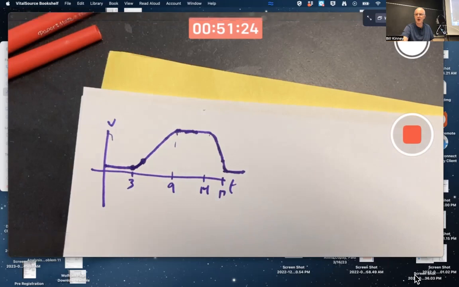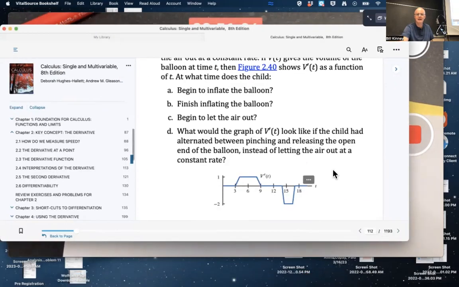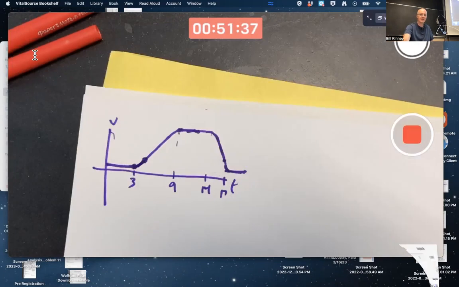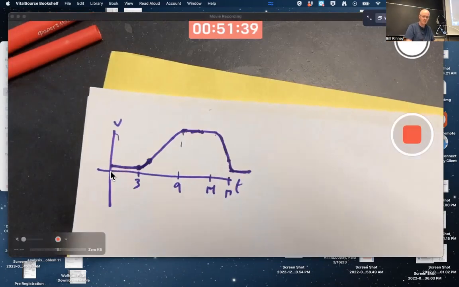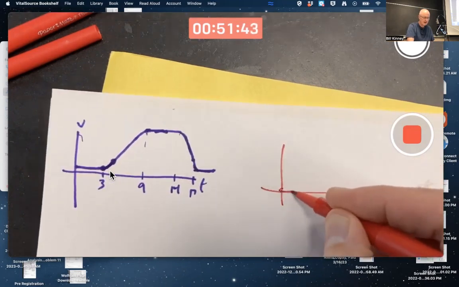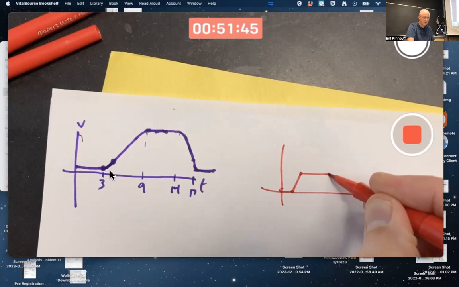You're also asked to draw a graph of V prime, again, if the child alternates between pinching and releasing after the balloon's blown up, I guess. So you'd start the graph of V prime in the same way. 0, then positive, constant for a while, then coming back down.